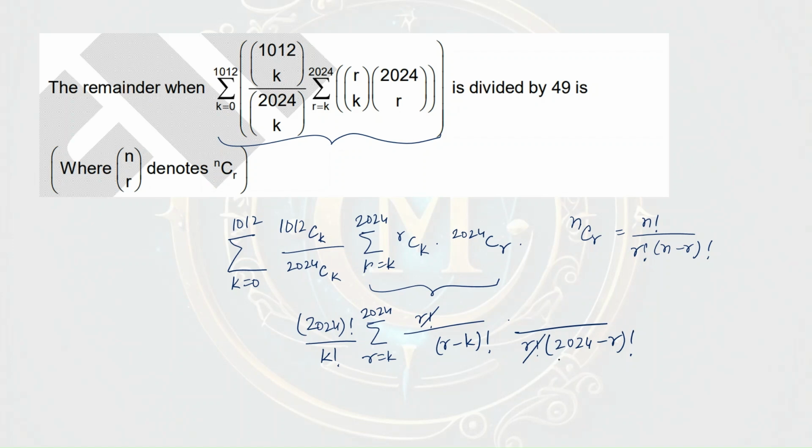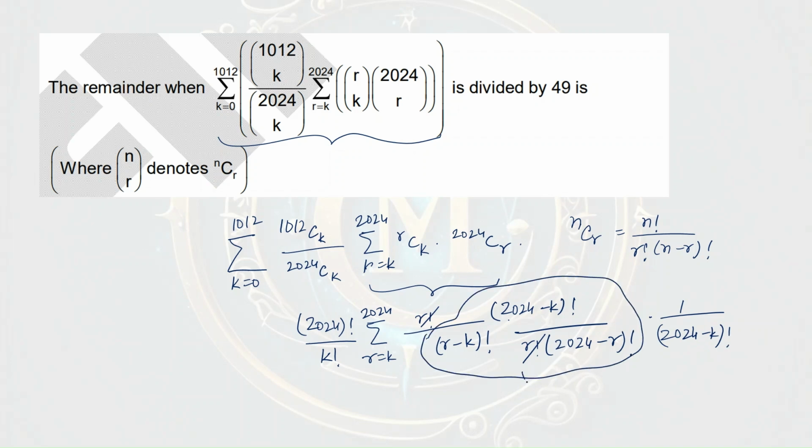That means if we here multiply and divide by 2024 minus k factorial, then you can notice that this term becomes simply 2024 minus k C r minus k, and this term is constant with respect to this summation, so we can take it outside.